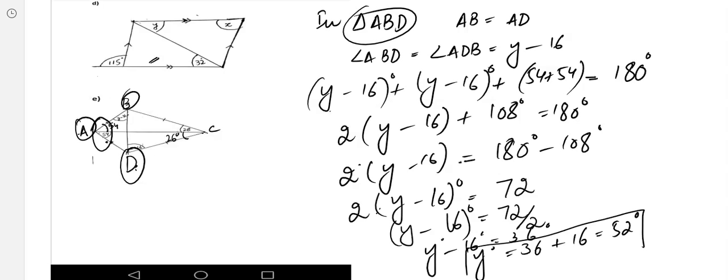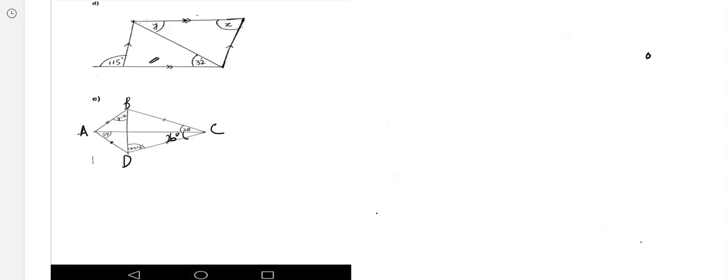So by forming the equation for the sum of interior angles of the triangle, we can find out the value of Y. Similarly, on the other side, another triangle is being formed, B, D and C. As the adjacent sides of the kite are equal to each other, that's why 2 isosceles triangles are always formed in the kite. If you look into the kite, 2 isosceles triangles are formed, ABD and BDC.